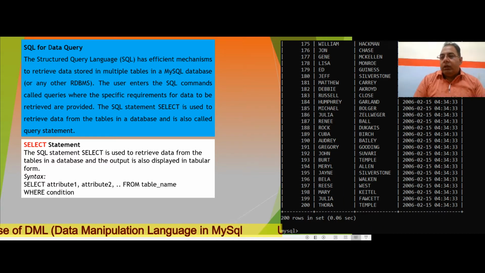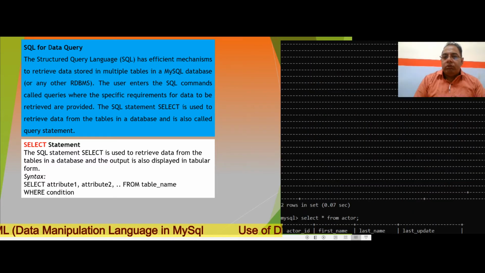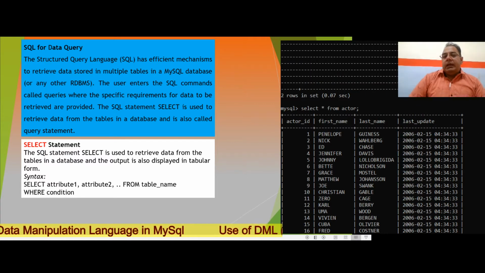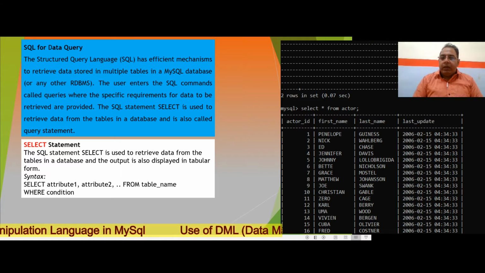To get the detail, we have so many columns, and these columns are named actor_id, first_name, last_name, last_update. Suppose I want to display only two columns like actor_id and first_name.